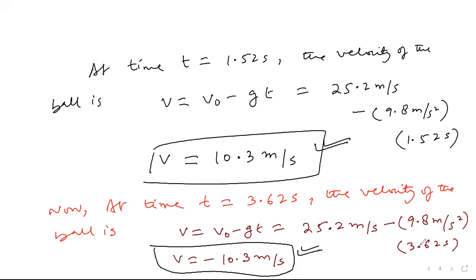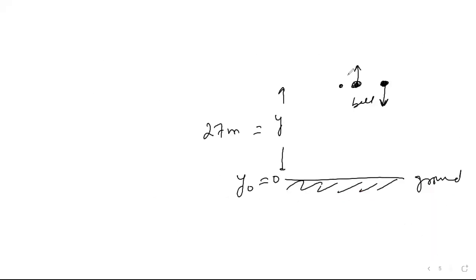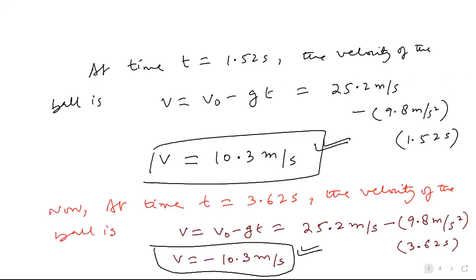Ball is going up with velocity. Here its velocity is 10.3 meters per second, because upward y we are taking positive. Here its velocity is minus 10.3 meters per second, right?